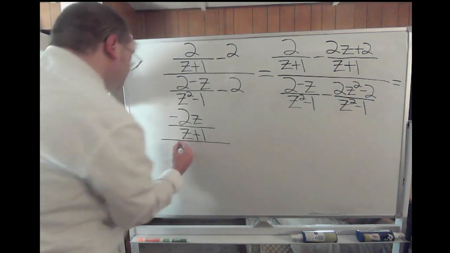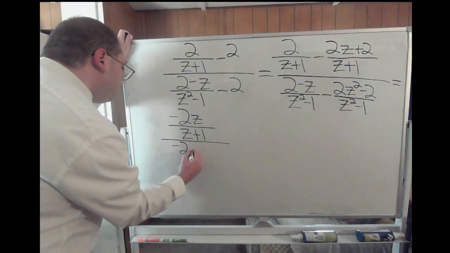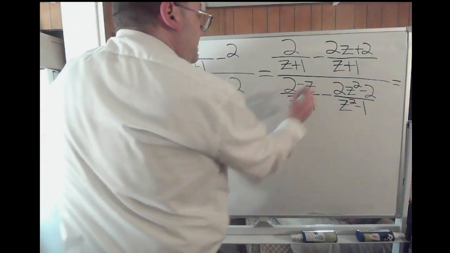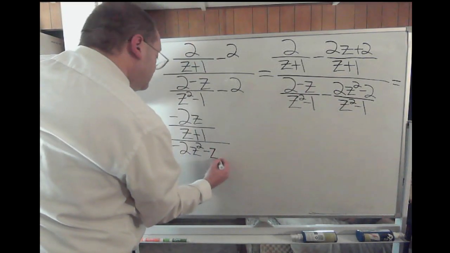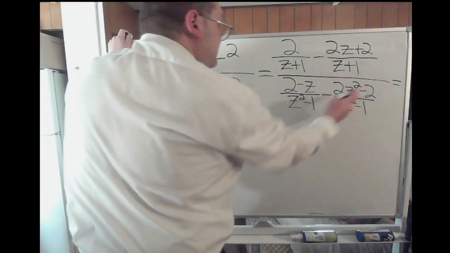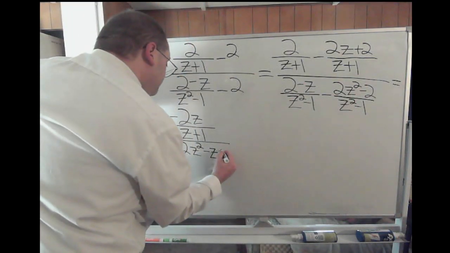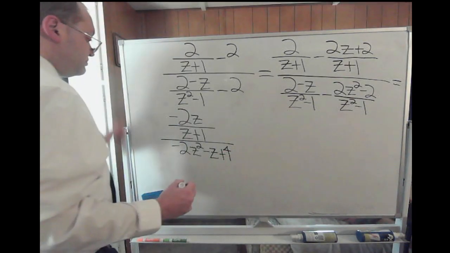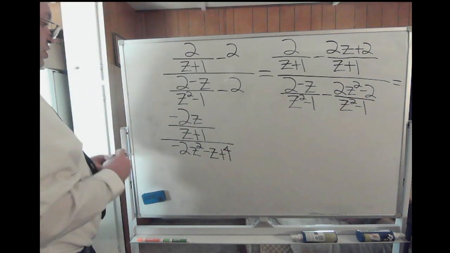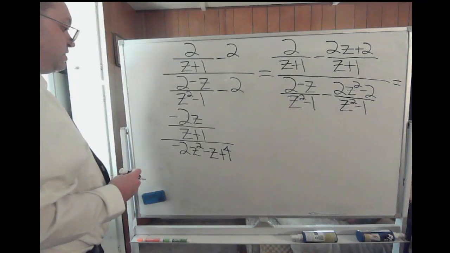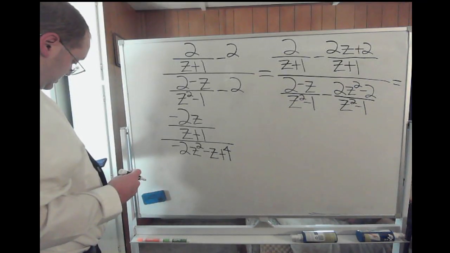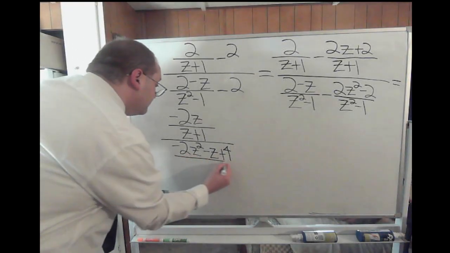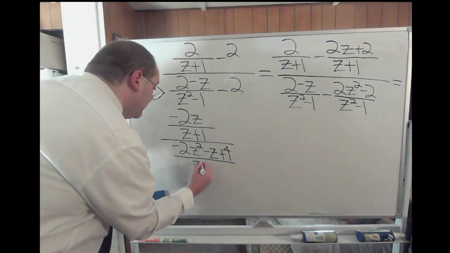You have negative 2z squared minus z. Then you have 2 minus negative 2. That's actually going to be plus 4. Then, of course, you have your denominator of z squared minus 1.